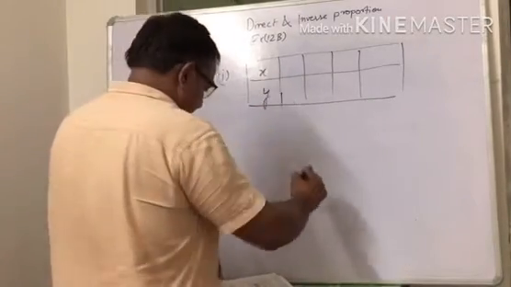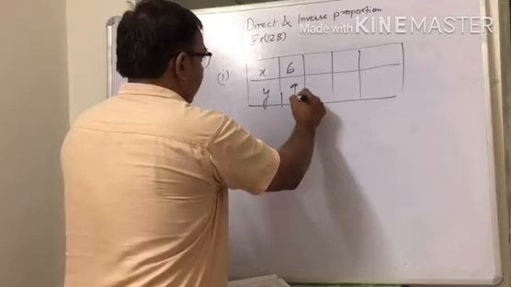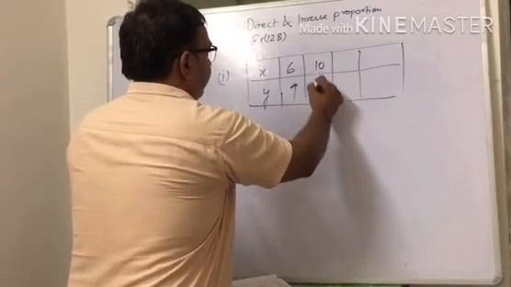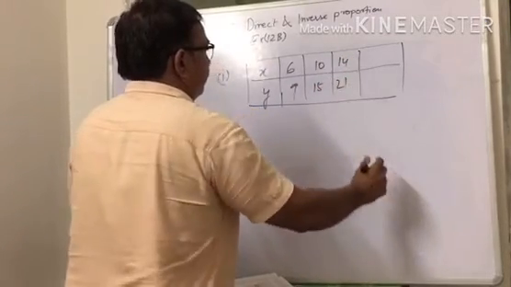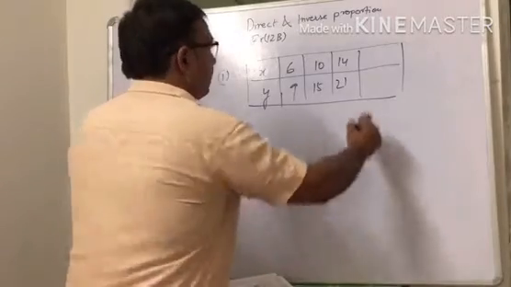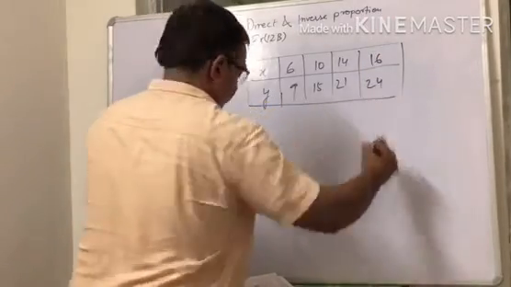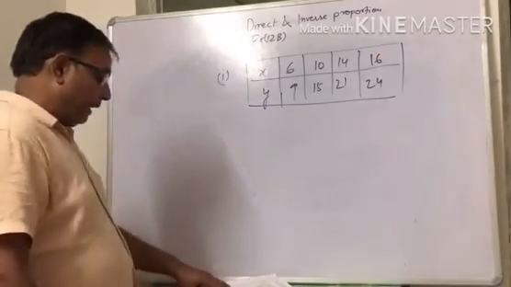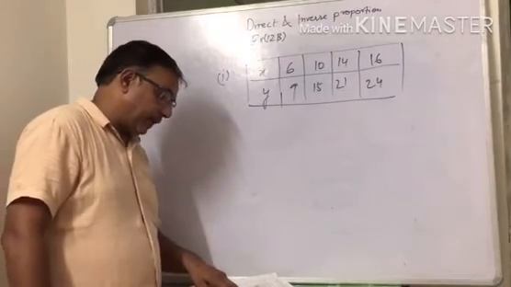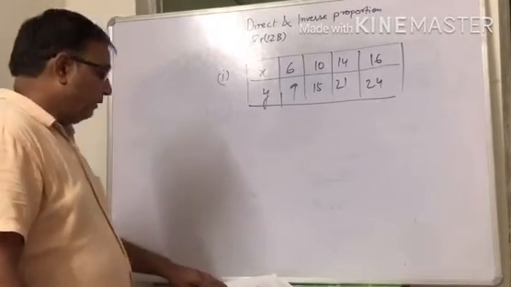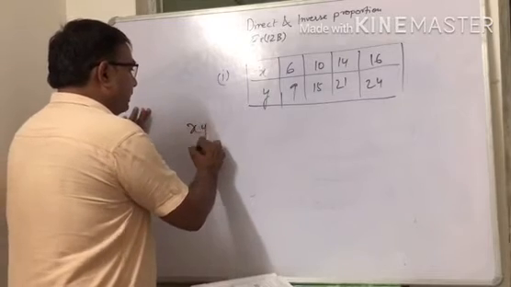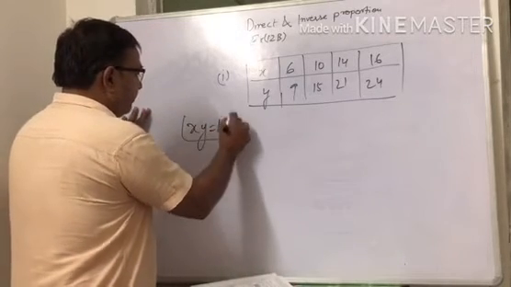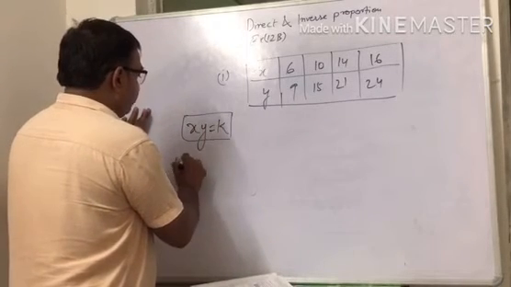First is x and y, and second 6, 9, then 10, 15, then 14, 21, then 16, 24. Observe the table given below, and in each case find whether x and y are in inverse proportion or not. And we know that inverse proportion is xy is equal to k.